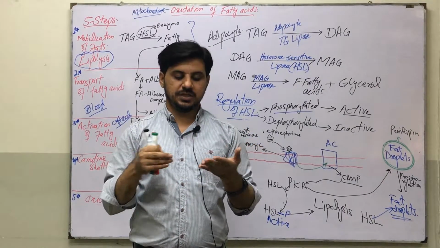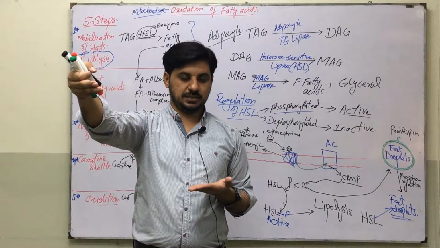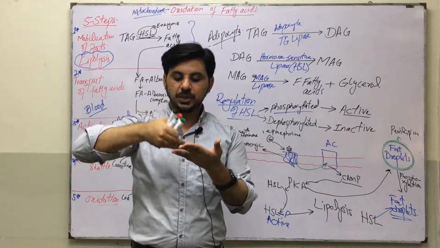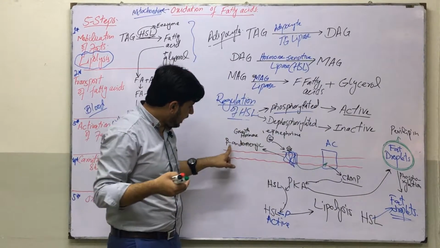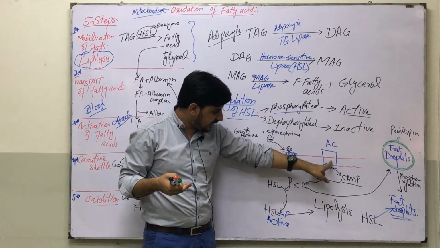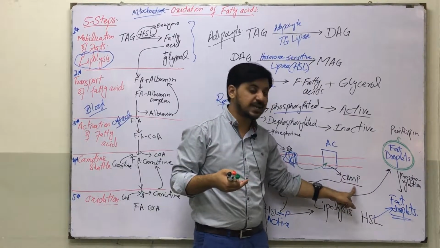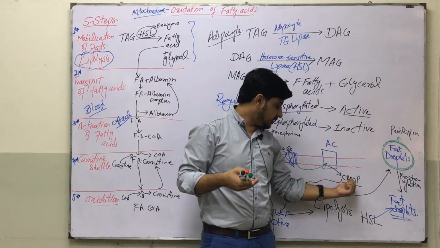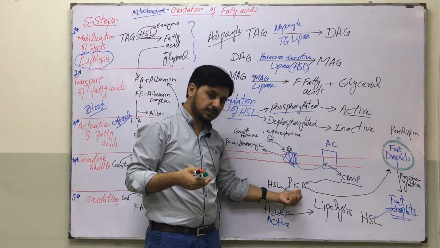All such hormones, which are used for increased metabolic rate or produced during the starvation phase, through beta adrenergic receptors will activate the adenylate cyclase, and as a result there will be the production of cyclic AMP, and the cyclic AMP will activate the PKA.